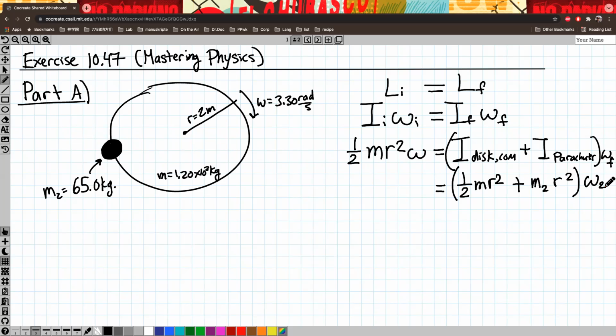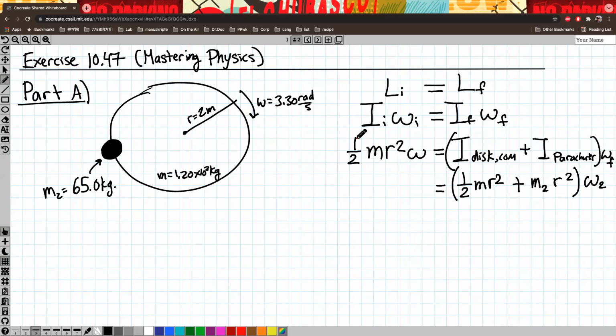So you just divide by the final inertia we just got. But before we do that, let's first get rid of these fractions, because if we take half mr squared and divide it by half mr squared plus m2r squared, we're going to have a fraction in the numerator and a fraction in the denominator. And then we're going to have 4 lines worth of writing to do, and it's just going to take up more and more space, and you might run out of room.